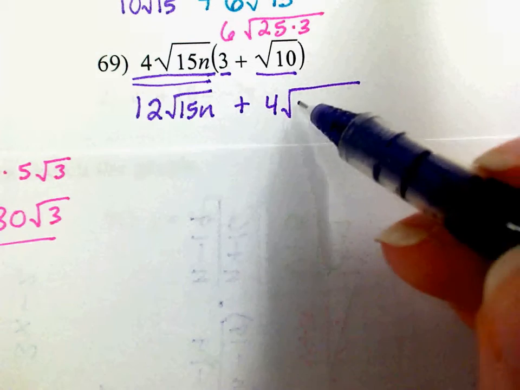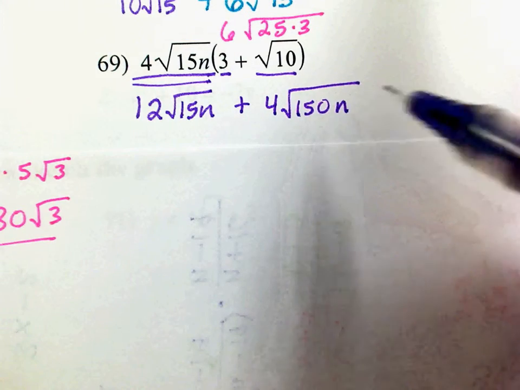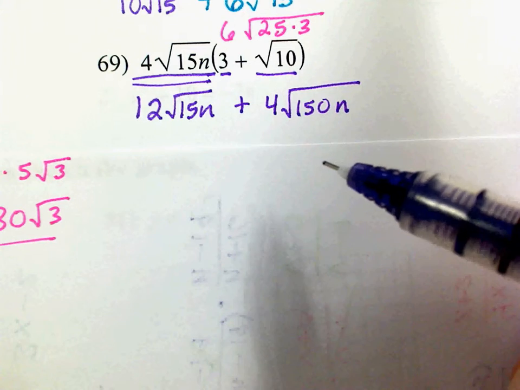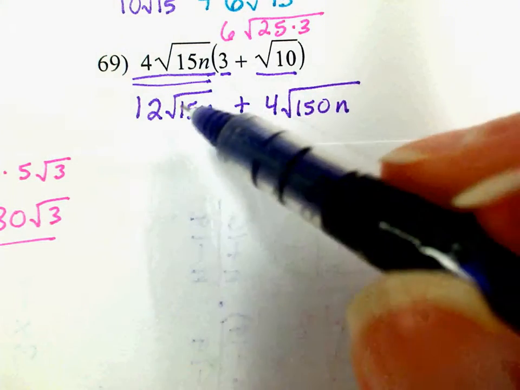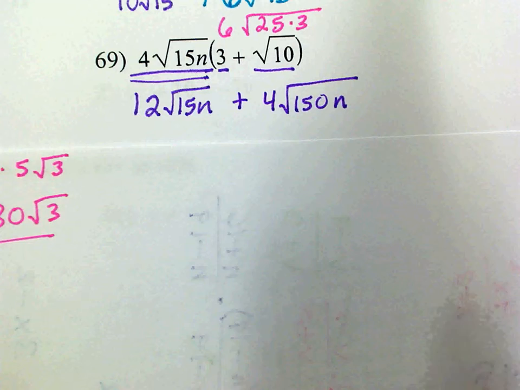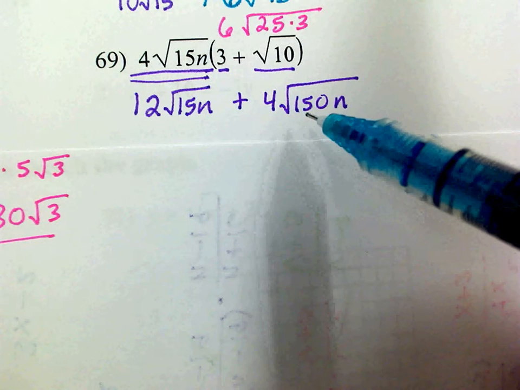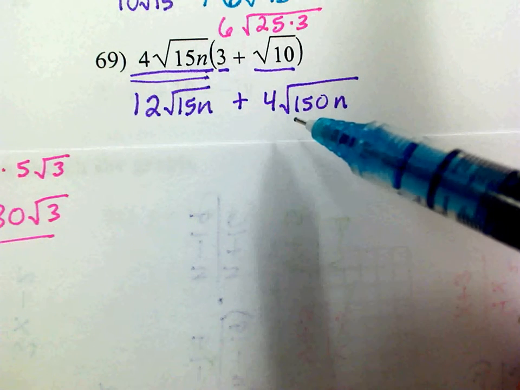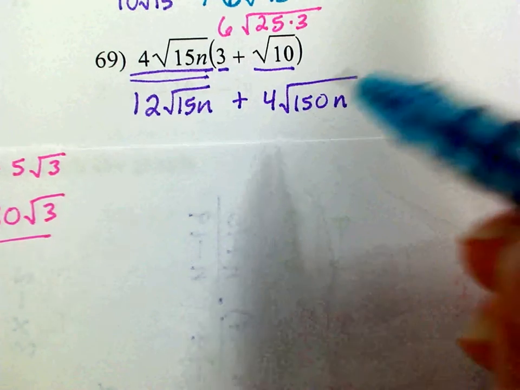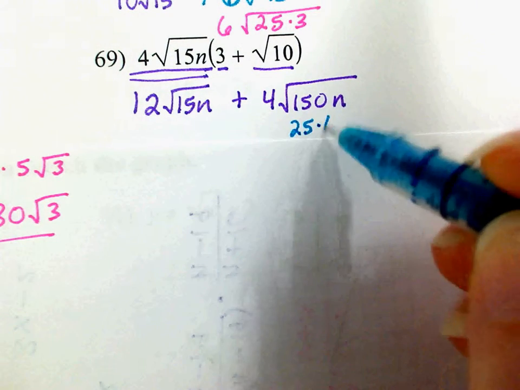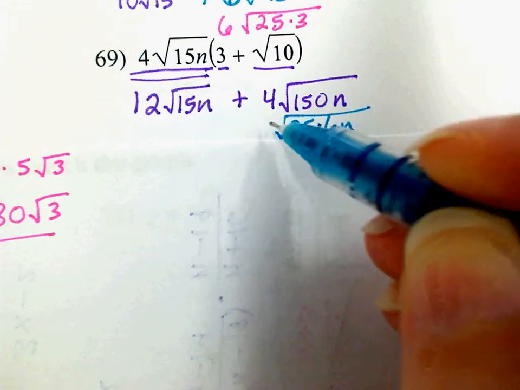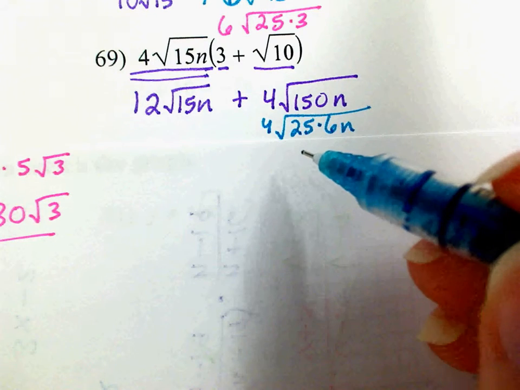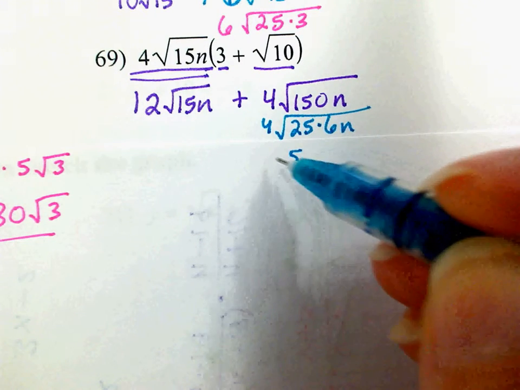There's not a perfect square in 15, right? We've done that a couple times. But is there a perfect square in 150? I'm thinking 25. How many times does 25 go into 150? What's the square root of 25? So that ends up being 20 square roots of 6n.